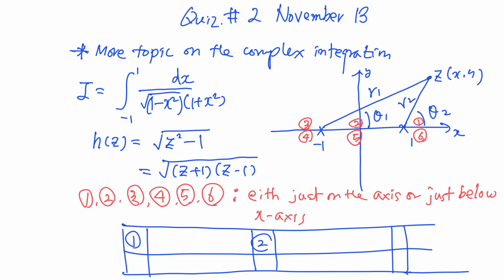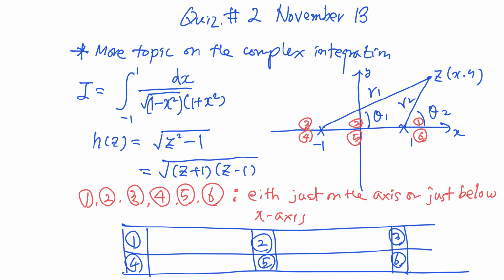Points 1, 2, 3, 4, 5, 6. So for the point 1, just remember that θ1 and θ2 are the angles between the x-axis and this line.